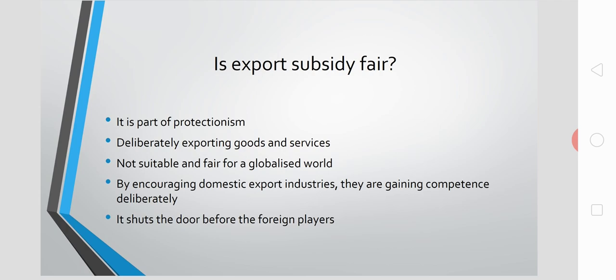This is not by the invisible hand of the market. The market has nothing to do with export subsidy. The major player in export subsidy is the government, and this is in fact not suitable and not fair for a globalized world.